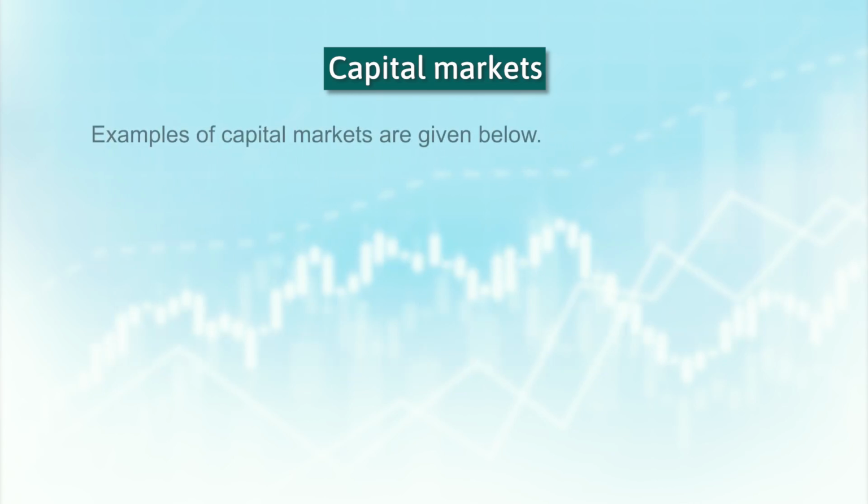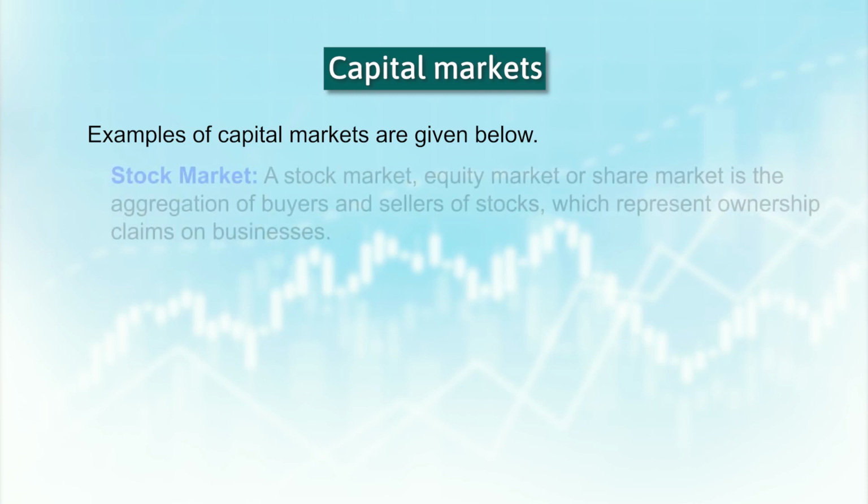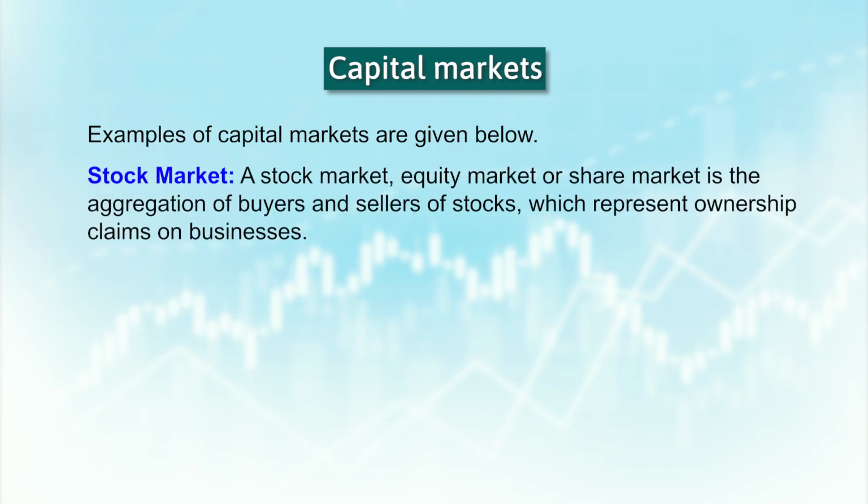We need to understand what are the examples of capital markets. For example, we all know about the stock market. A stock market, or if you call it an equity market or share market, is basically an aggregation of buyers and sellers of stocks, which represent ownership claims on businesses.